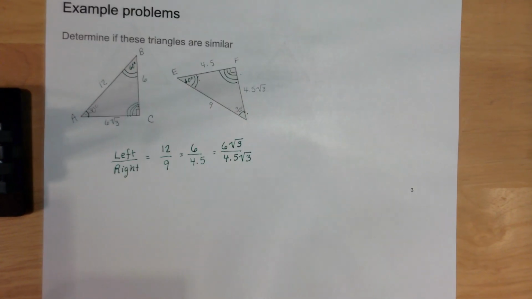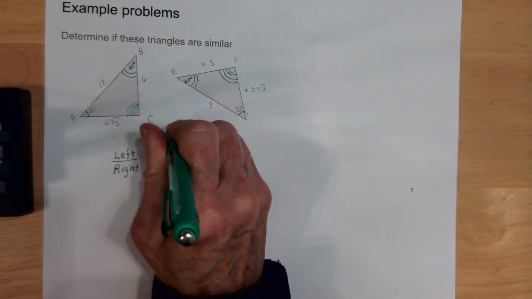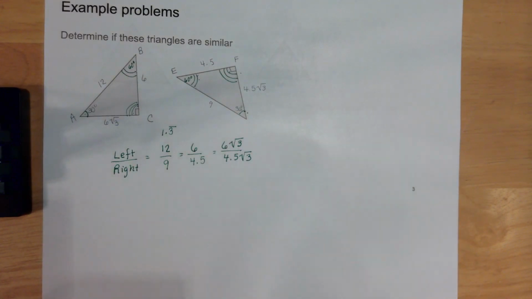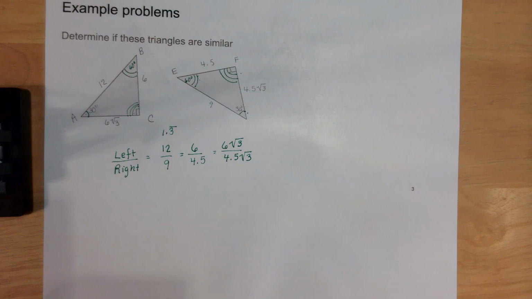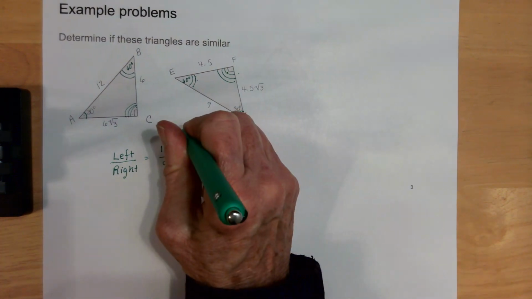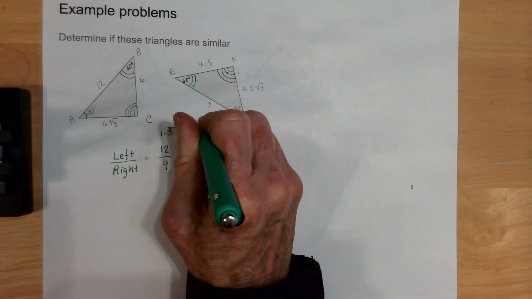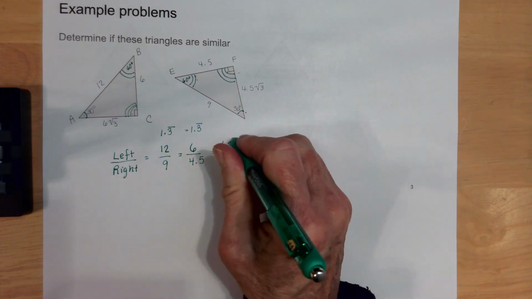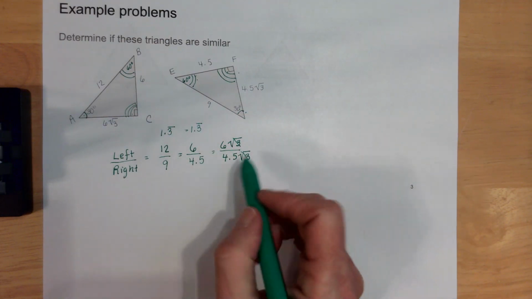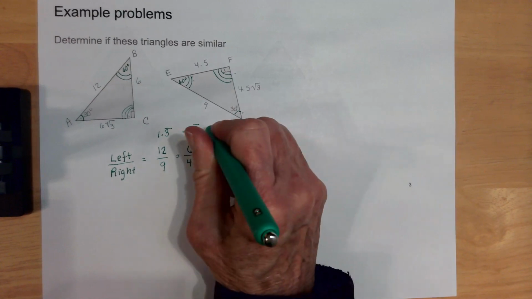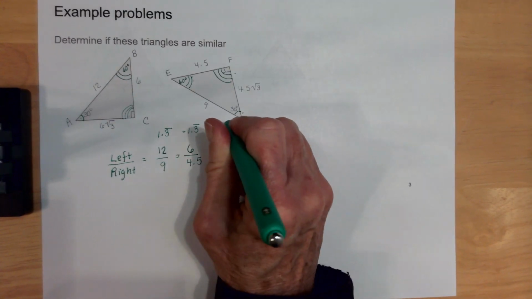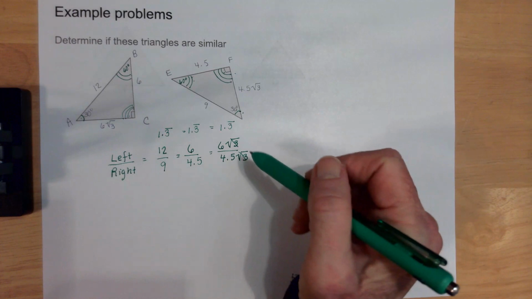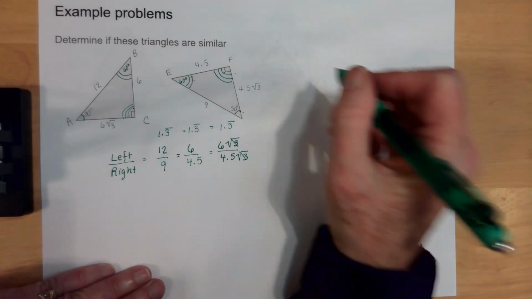So 12 divided by 9 is going to give me 1.3 with a line over it. 6 divided by 4.5 is going to give me a 1.3 with a line over it. And then these, your square roots cancel out. So again, it's going to be 1.3 with a line over it. So these two triangles are similar.